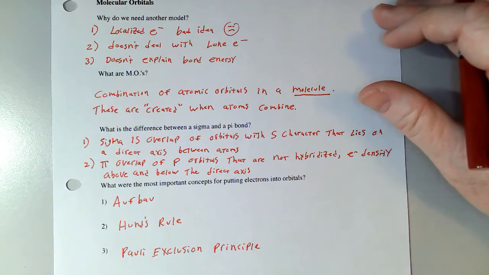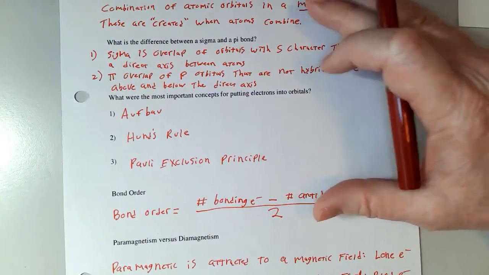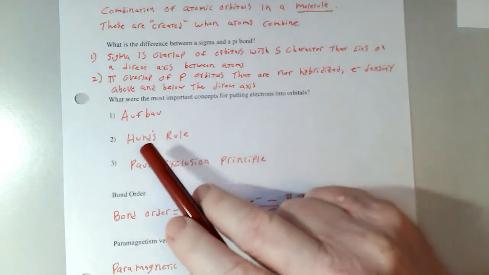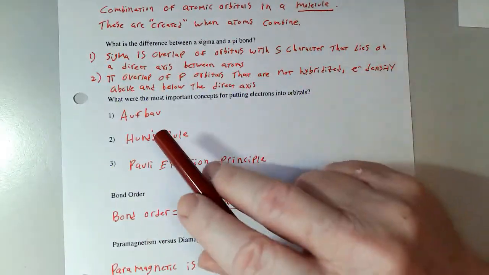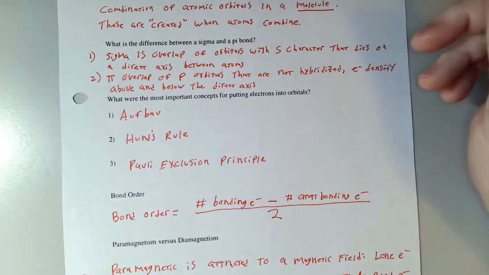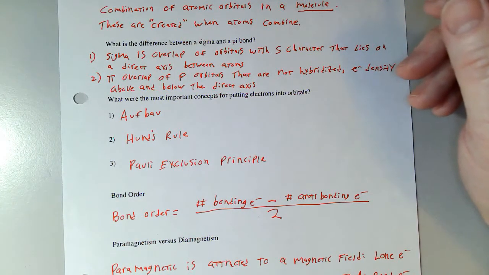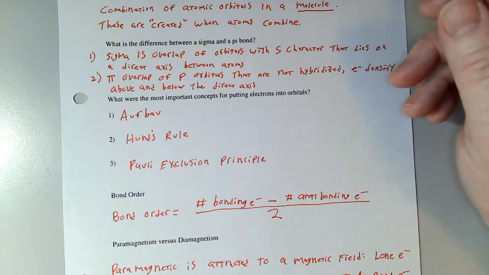Okay. Now, when we start to put electrons into these molecular orbitals, much the same way we did with electron orbital diagrams, we have to pay attention to Aufbau, Hund's rule, and the Pauli exclusion principle. Aufbau tells us the building up principle, a German word. Electrons start in the lowest energy orbitals, and they go up into higher energy orbitals.